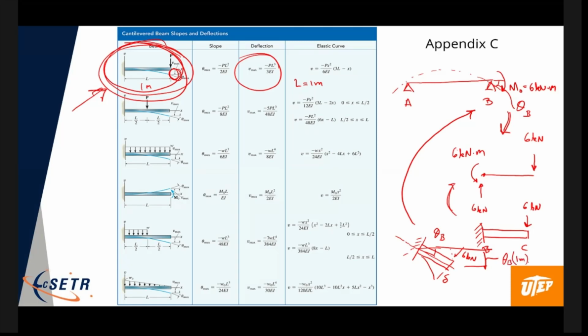And again, for all these things, the actual rotations are really, really small, so you can use small angle assumptions on all of them. Sine of theta is equal to theta.